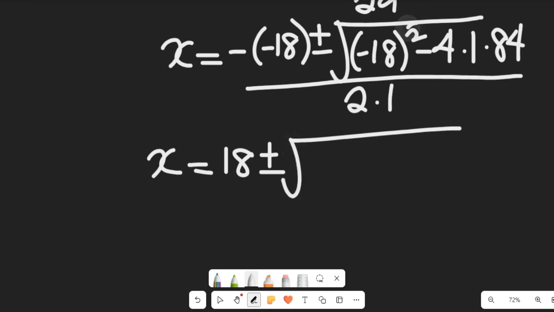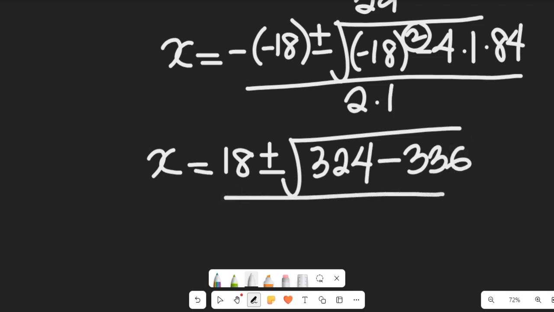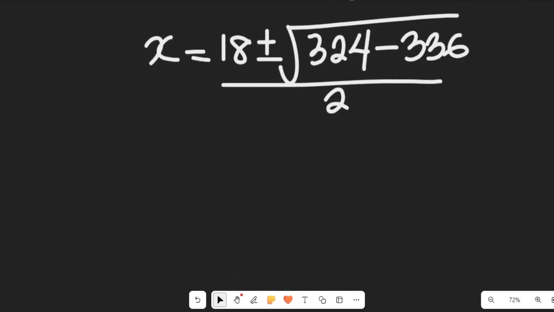Since the exponent is even, that will give us a positive value. 18 squared is going to give us 324, minus 4 times 84, which is 336, so we'll have 324 minus 336, all divided by 2.